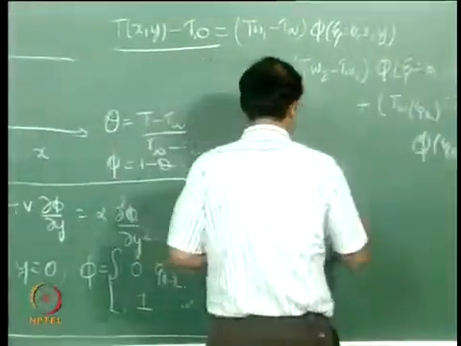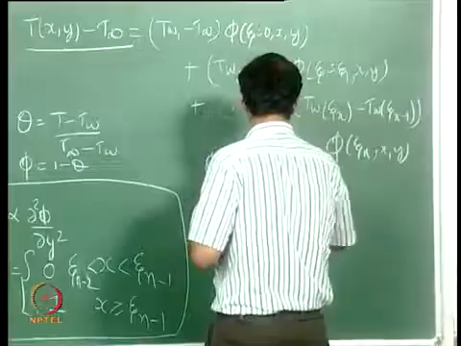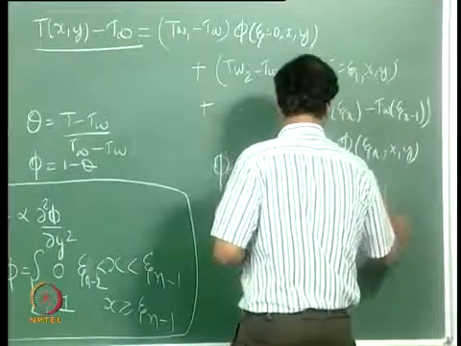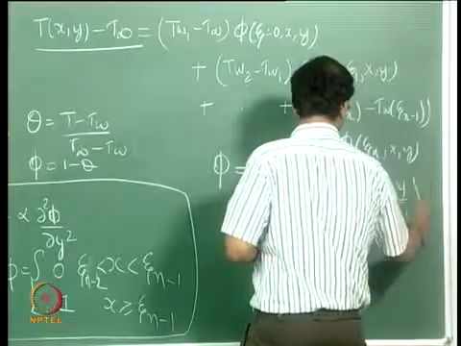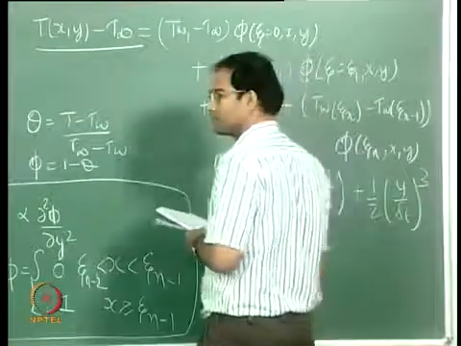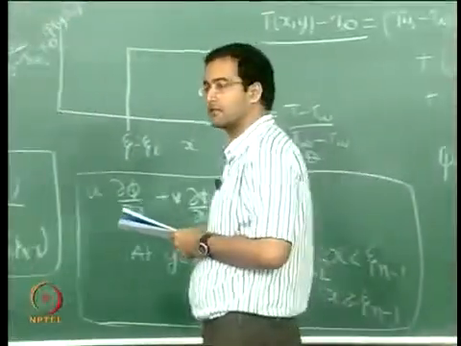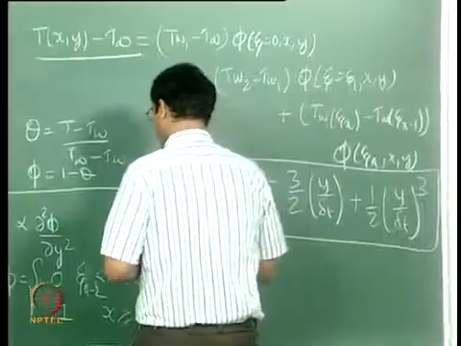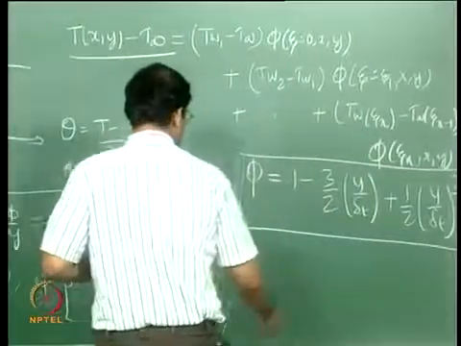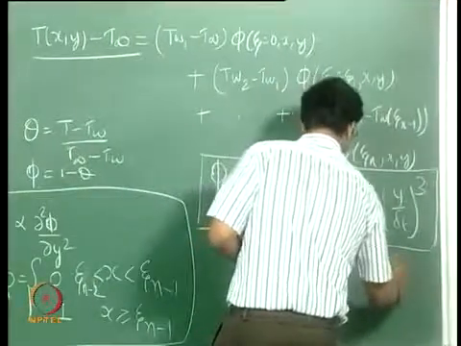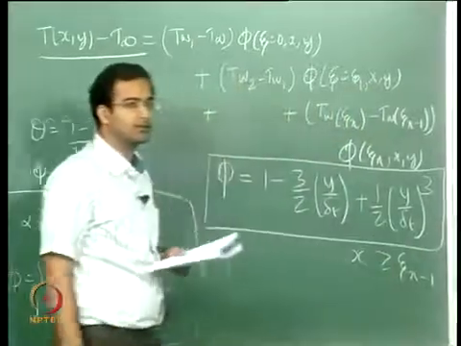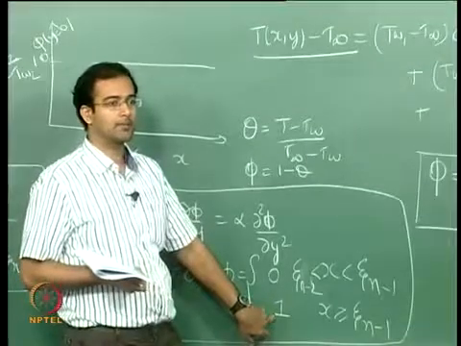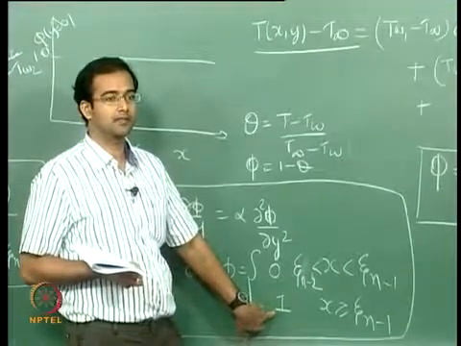Therefore it should be 1 minus 3 by 2 y by delta t plus 1 by 2 y by delta t the whole cube. So this is the profile satisfying the condition x greater than or equal to zeta n minus 1, corresponding to uniform wall temperature.